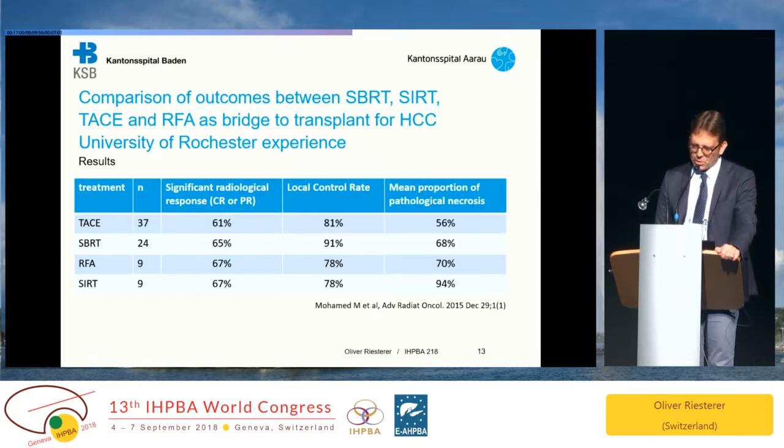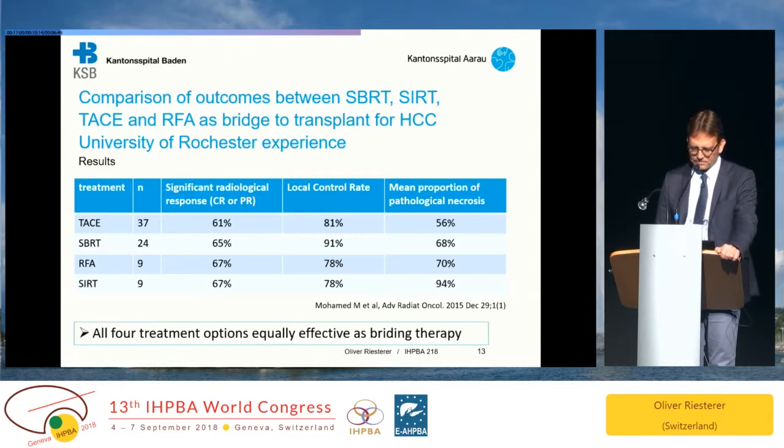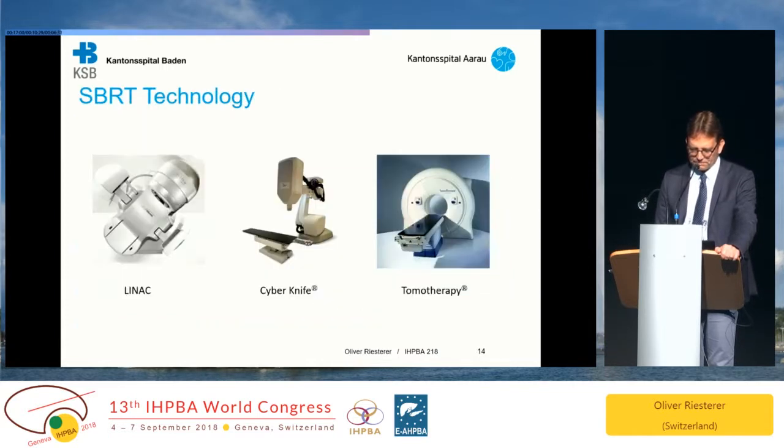And the mean proportion of pathological necrosis in the tumor, so in the liver explant, was 60 to 90%. And here SBRT was highest. What we conclude out of this data: all 4 treatment options are equally effective, I would say, as bridge therapy. So the most important endpoint in this table is probably the local control rate.